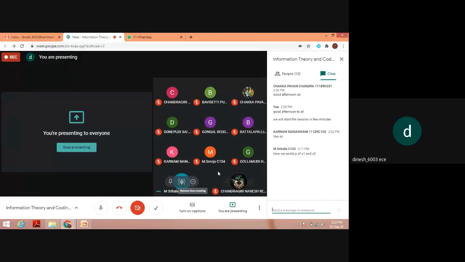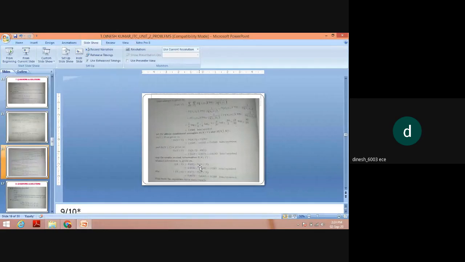And at last, these two mutual information values, from I of X over Y with this formula and this formula, will be the same. Not this 0.249, but these two will be same. If this is 0.5, this will be 0.5.